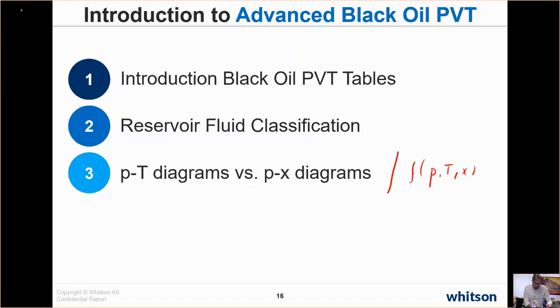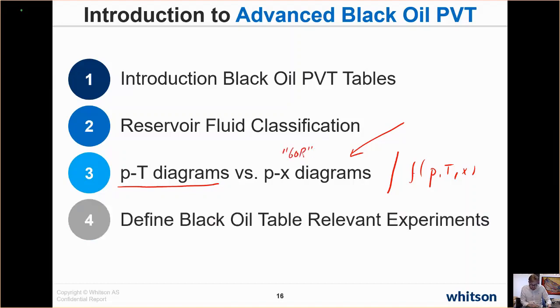Many of us are very familiar with PT diagrams, so-called phase envelopes, but for understanding black oil PVT, and in my mind PVT in general, it's more intuitive, at least for petroleum engineers, to think in this pressure composition or pressure GOR space that we'll get back to.